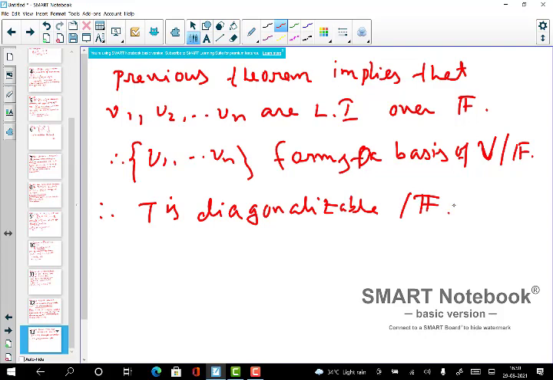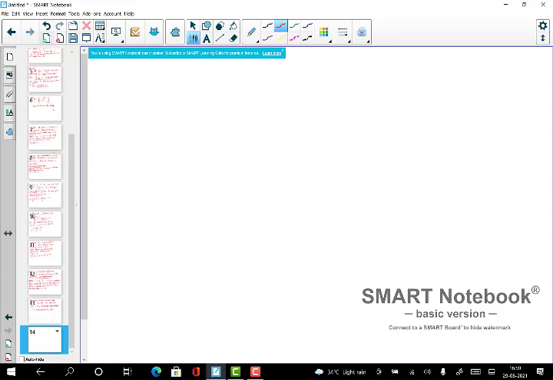So this is one sufficient condition, but the converse is not true. If T is diagonalizable, that does not mean that the eigenvalues are all distinct. Okay, so maybe we can give some example. What are the examples? What are the problems we have done in the last exercise?